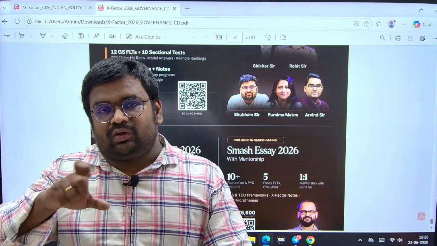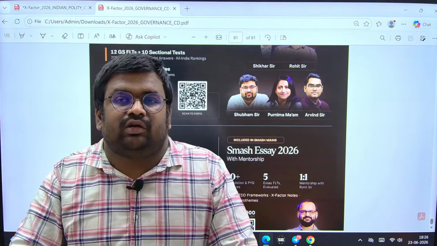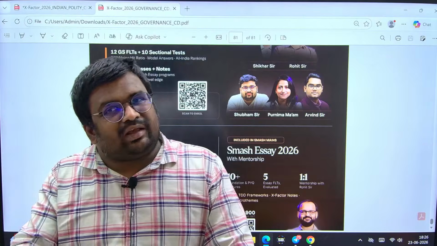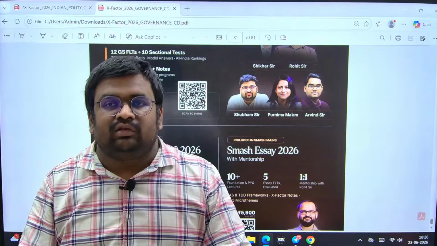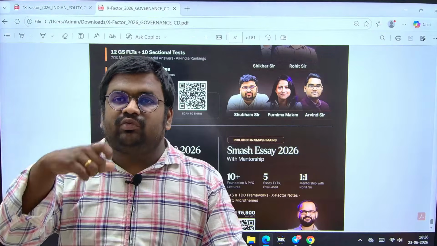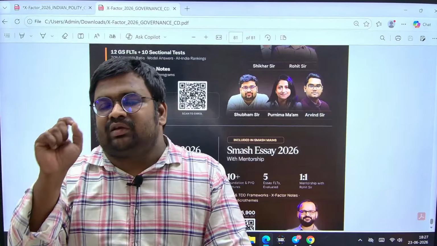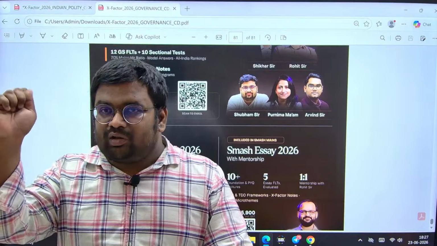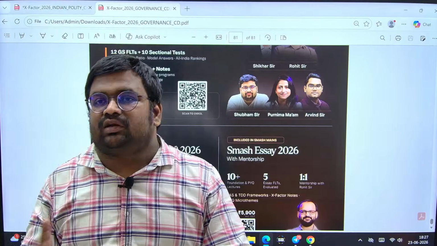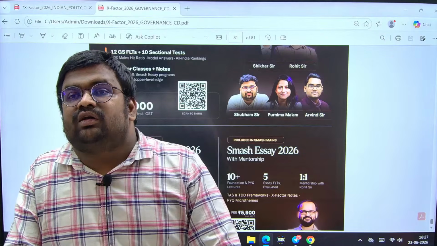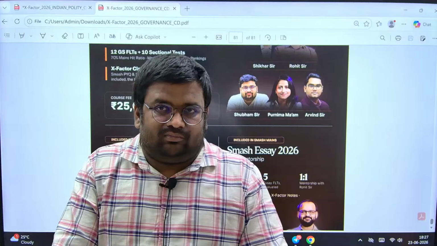That visualization method will increase your consolidation of the content, because you have to write exactly like this. So you visualize, okay, I am writing like this. Wherever I have given the diagram, you visualize, okay, I will draw a diagram like this. Wherever I have given the table and the data, you visualize you are putting the fact file. That visualization method will give you greater consolidation and greater retention.